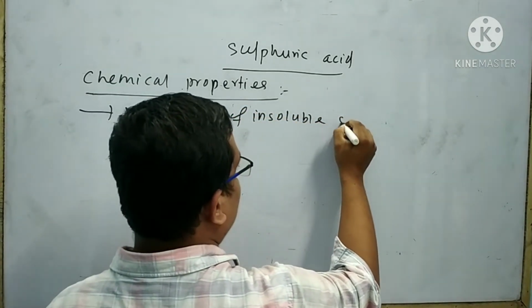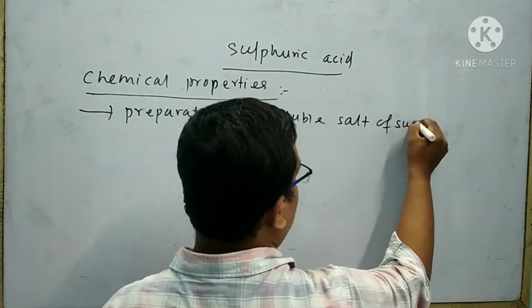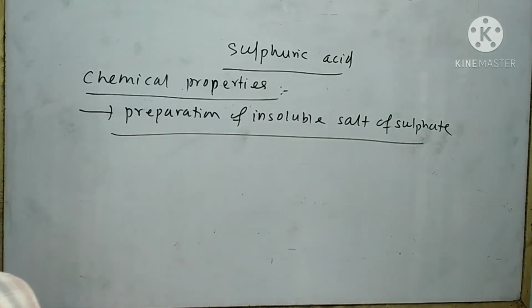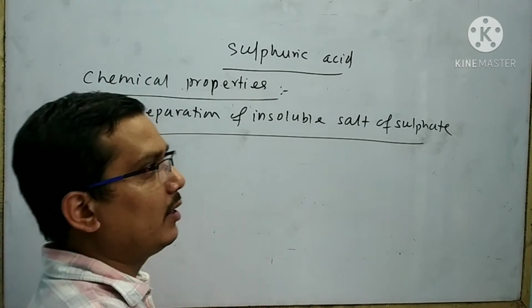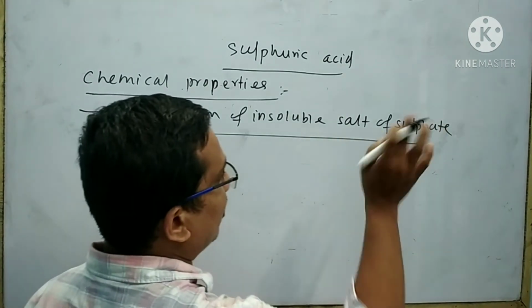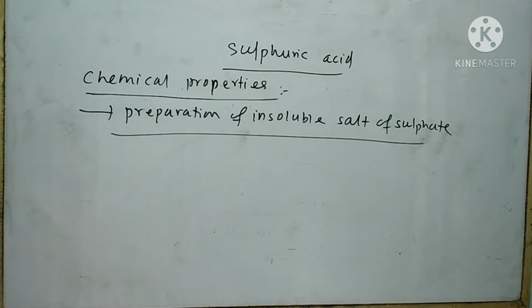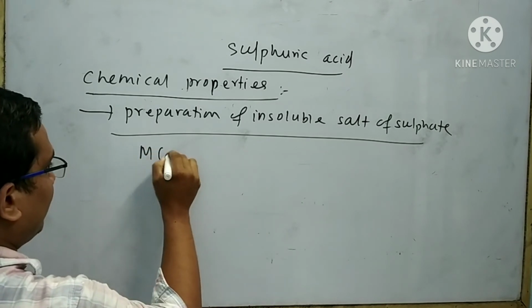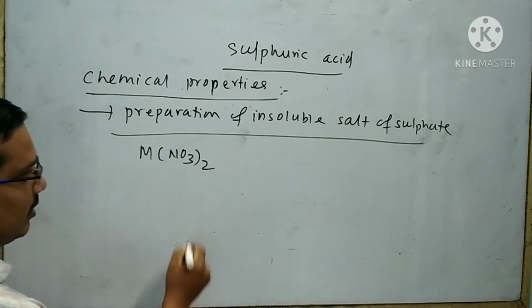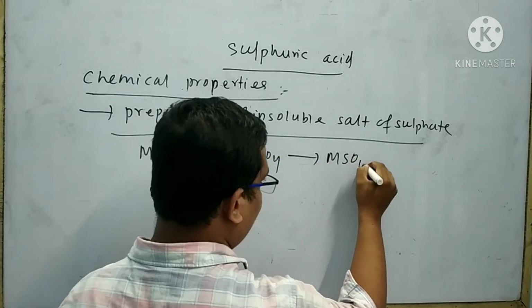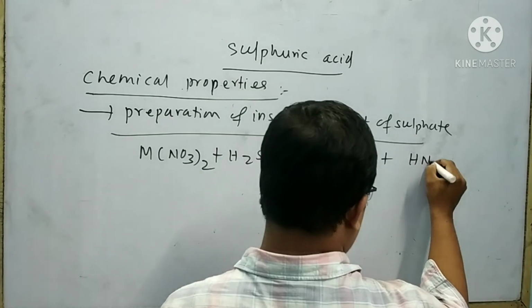Next I will explain the preparation of insoluble salts of sulfate. The calcium, strontium, barium and lead salt solutions give the insoluble salt of sulfate with dilute sulfuric acid. Suppose I take a reaction like this: M(NO3)2 plus H2SO4 gives MSO4 plus HNO3.